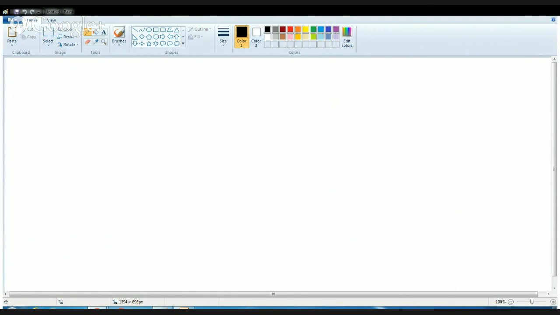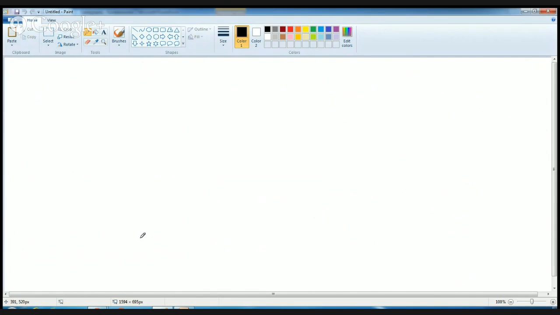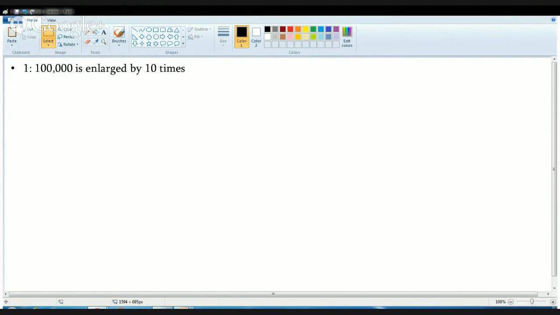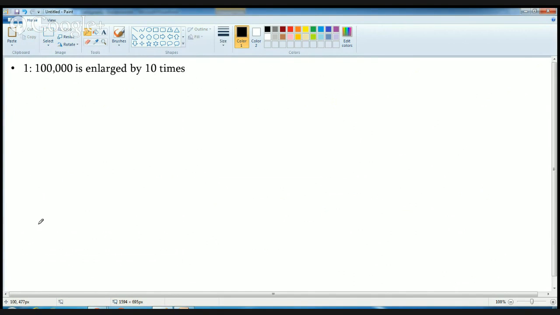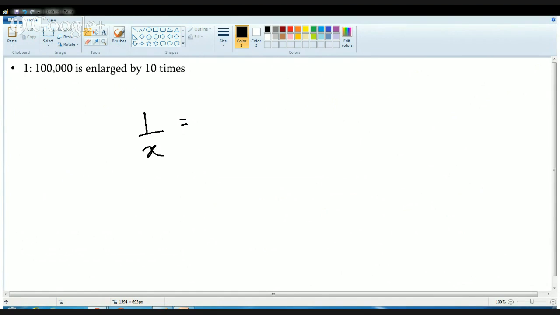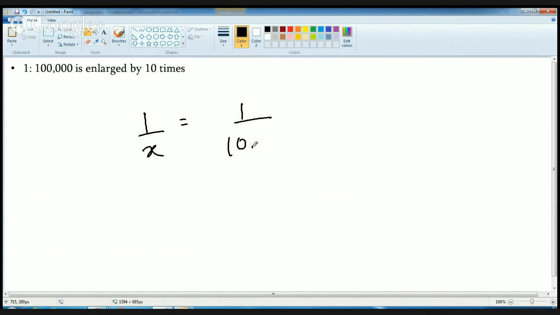Now if the map scale is 1 lakh and it is enlarged by 10 times, how will I calculate this? So I have a new scale which is 1 by x, and that is equal to 1 by 1 lakh.